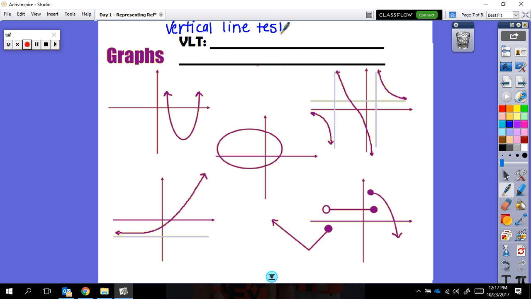Basically, you're taking a vertical line and laying it across the graph to see if it hits the graph twice. So you lay a vertical line across the graph and look for 2 touches.